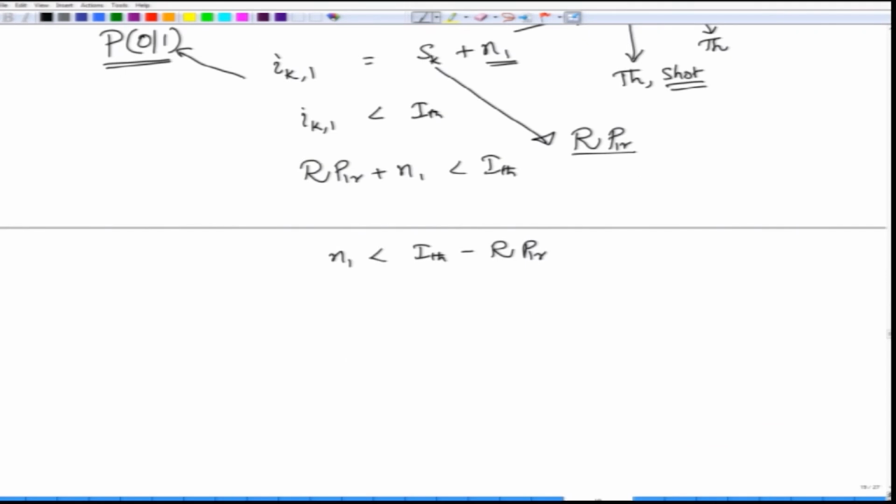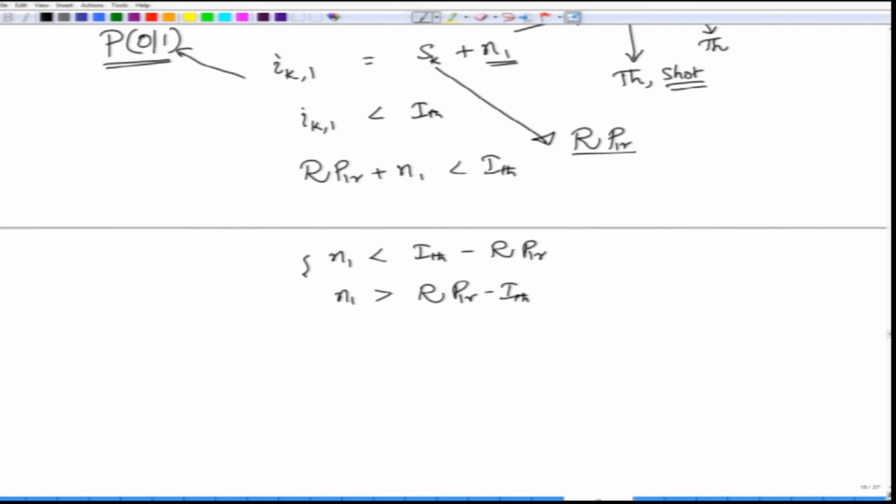You can turn around this equation by multiplying by -1 on both sides, and when you do that you are going to have to also change the integral limits over here. So, this is equivalent to N1 being greater than R P1R minus I threshold, okay. So, when this noise process happens to be greater than this one, then you are going to be in the situation where you are looking at the error there, okay.